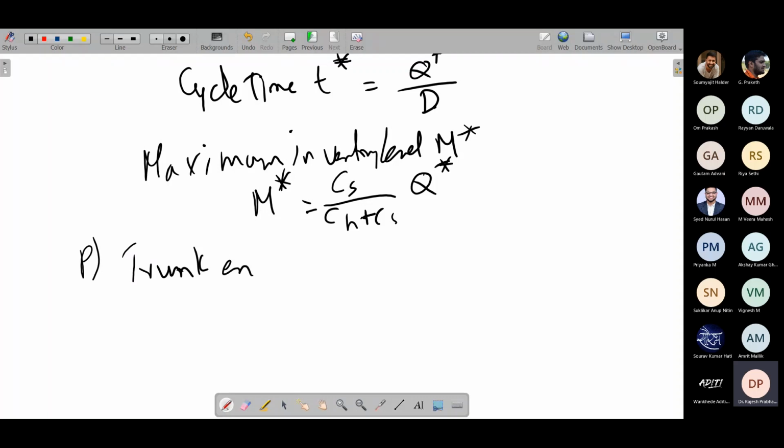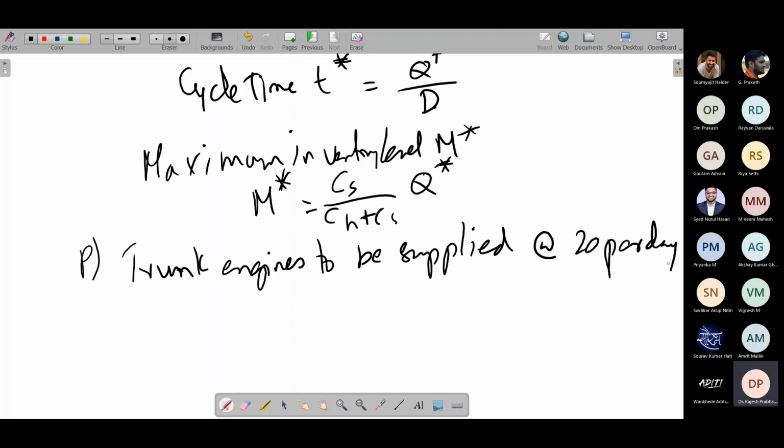Truck engines to be supplied at the rate of 20 per day.